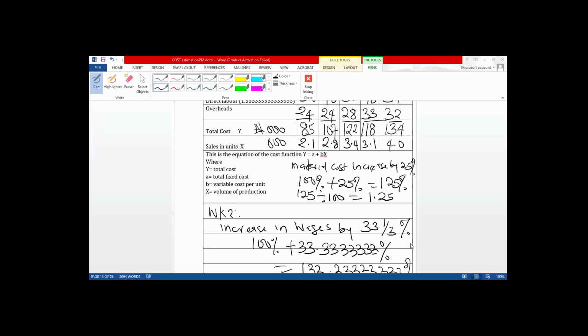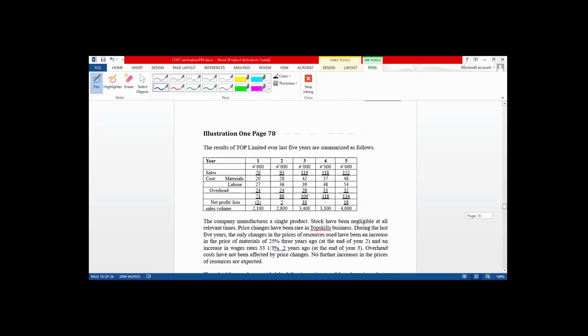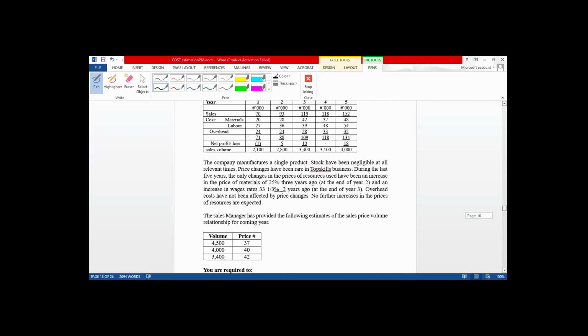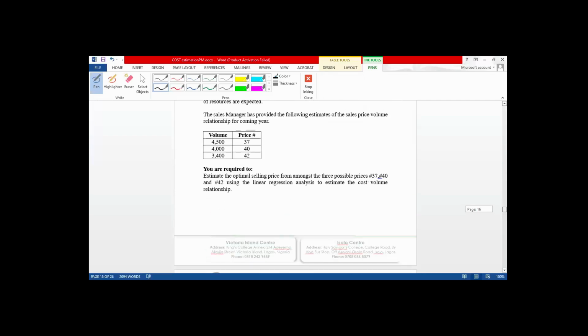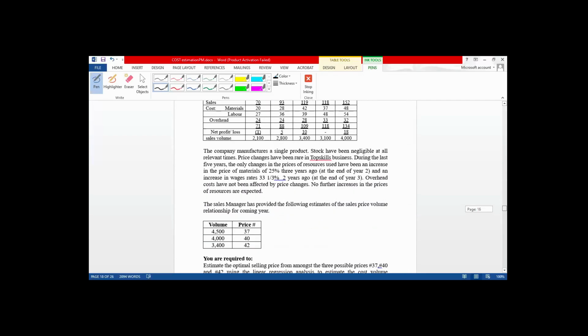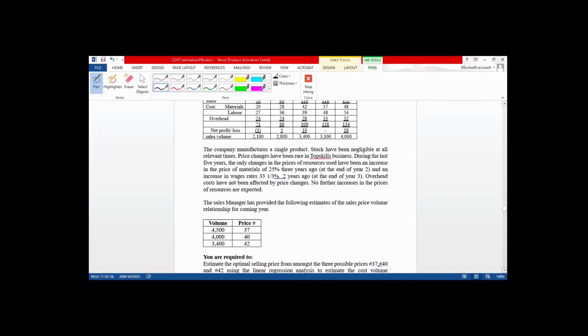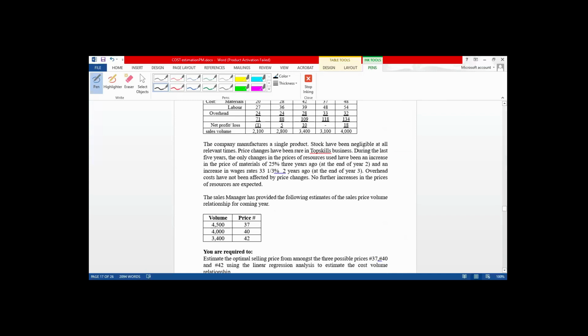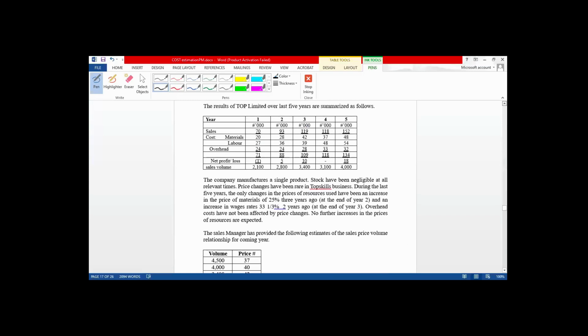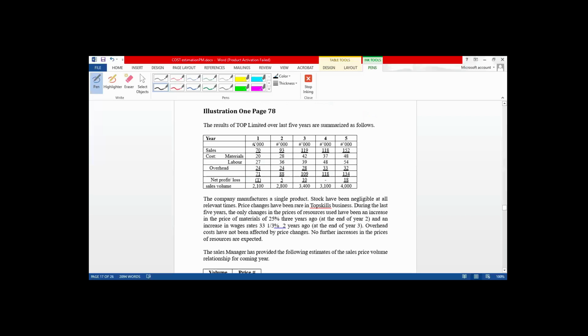Now let's go back to it. So that I will draw your attention to something. Please look up, everybody. Now look at the 3 zeros. It's given in Naira.